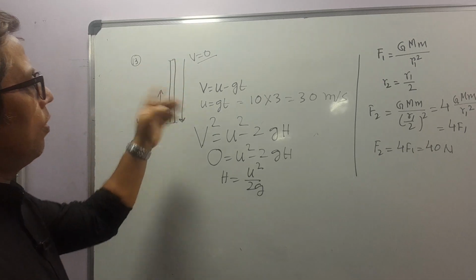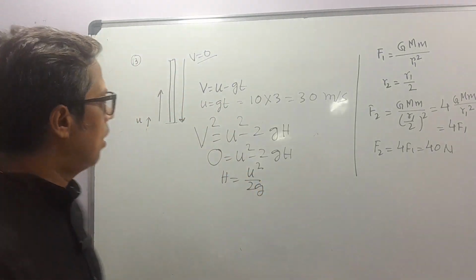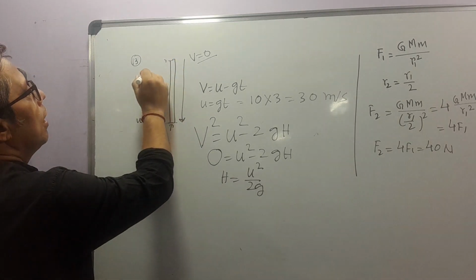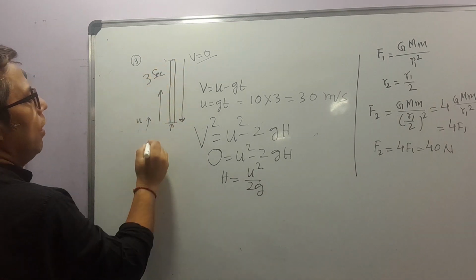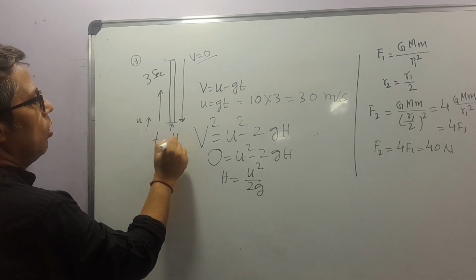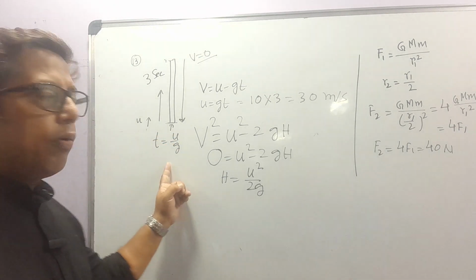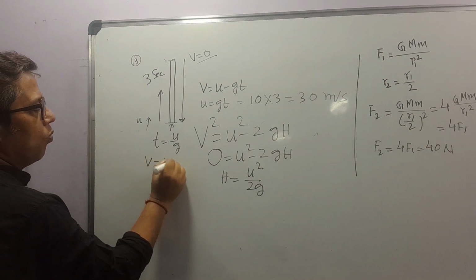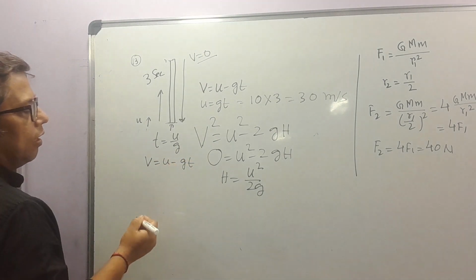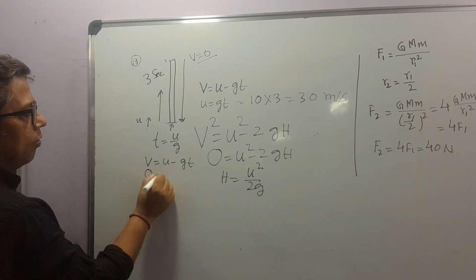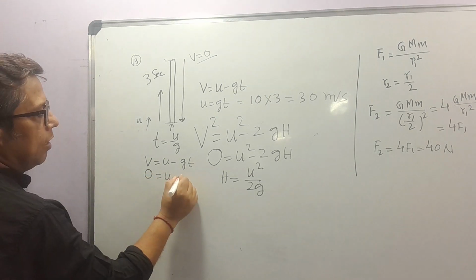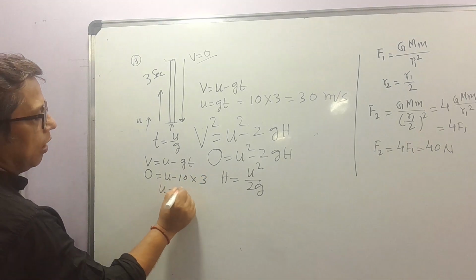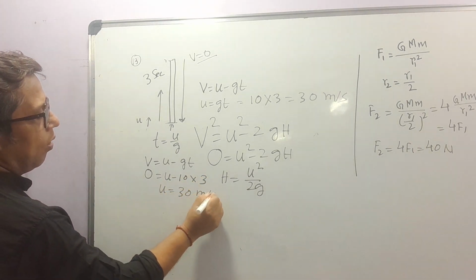Now the total time of flight is 6 seconds. That means from the initial position to the maximum height it will take 3 seconds, t is equal to u by g. Now how do we get this formula? You know that v is equal to u minus gt. Here the final velocity is 0, u we don't know, g is given as 10, and t is 3 seconds. So u is equal to 30 meter per second.